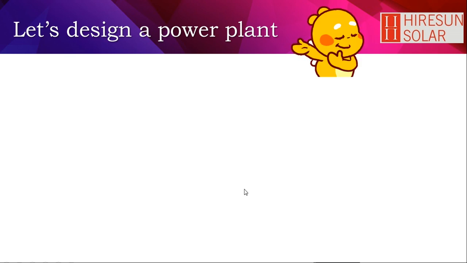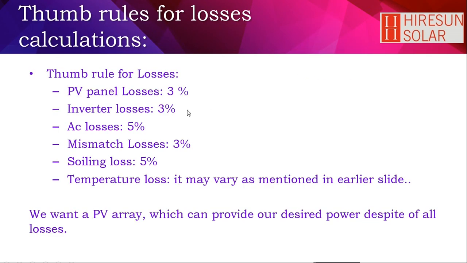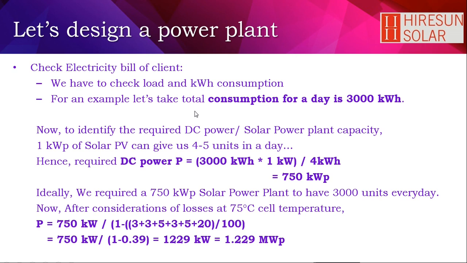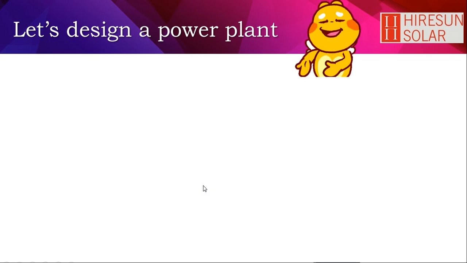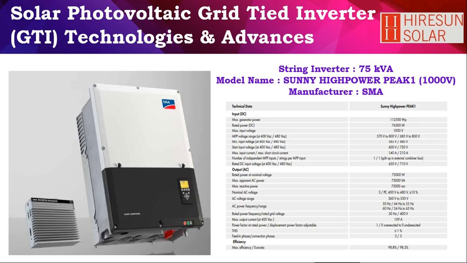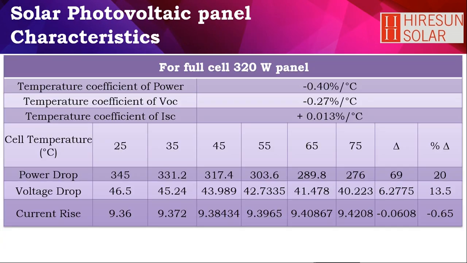Now if we go back, we need to consider some losses over here. We convert the losses into per unit. So 750 kilowatt divided by (1 minus the losses divided by 100). Over here we are considering the losses of the module at 75 degree centigrade.